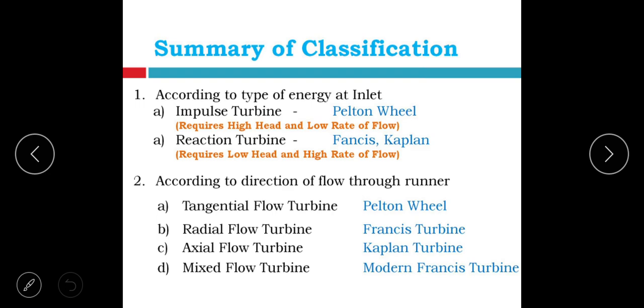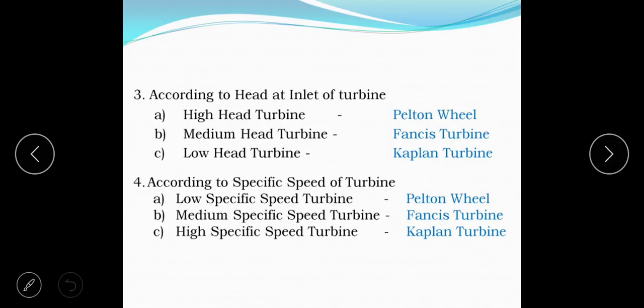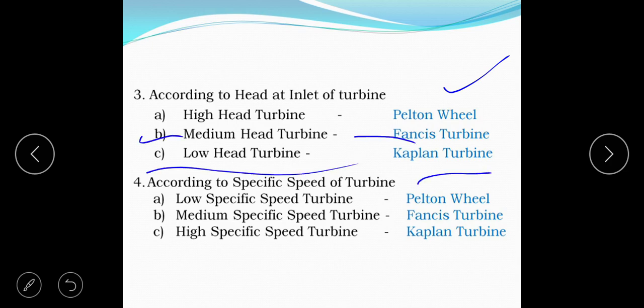According to direction of flow, tangential flow turbine is Pelton wheel, whereas Francis turbine is radial flow turbine, Kaplan turbine is an axial flow turbine, whereas modern Francis turbine is mixed flow turbine. According to head at inlet of the turbine, high head turbine is Pelton wheel, medium head turbine is Francis turbine, low head turbine is Kaplan turbine.